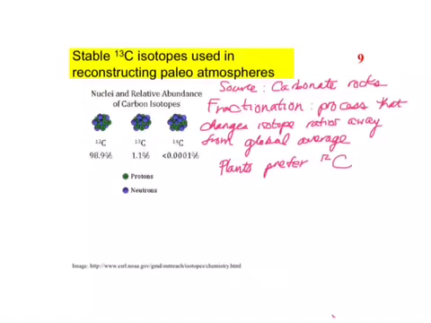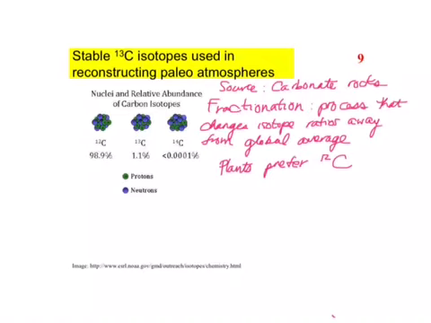And so when plants are quite abundant, they take up a lot of carbon-12 and incorporate it into their biomass. So let's write this as a flow diagram.